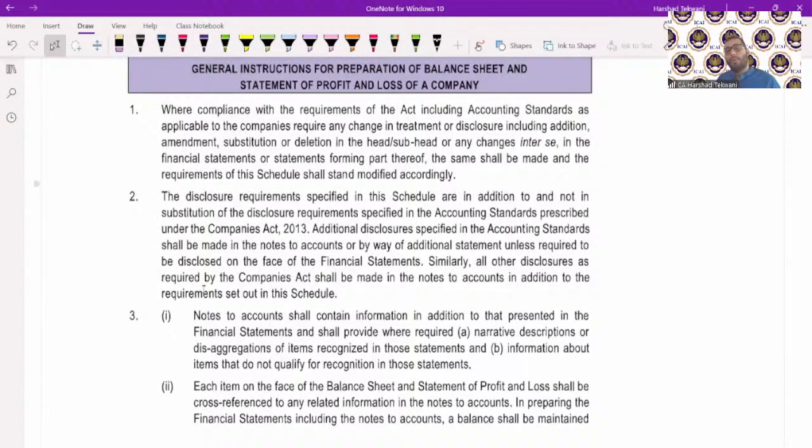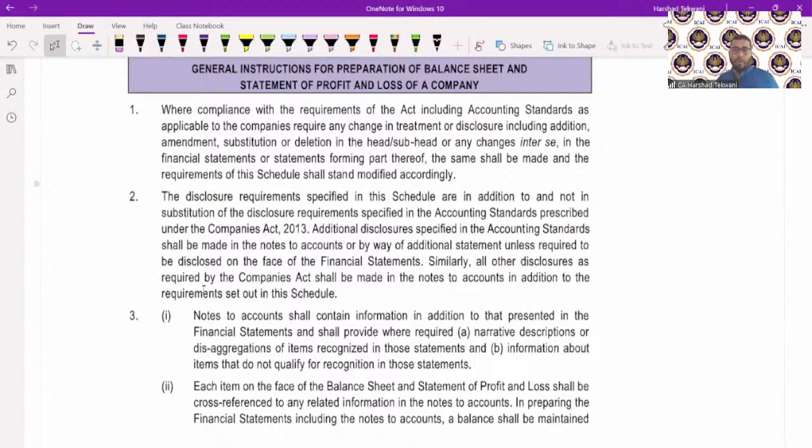Then comes Part 1, which is the balance sheet. It provides you with the minimum format of the balance sheet. Again, minimum. It's not that this is the maximum above which you cannot disclose. If any accounting standard or Ind AS requires you to disclose something more, you need to disclose more. Even if the Act requires you to disclose more, you need to disclose more. So this is a minimum.